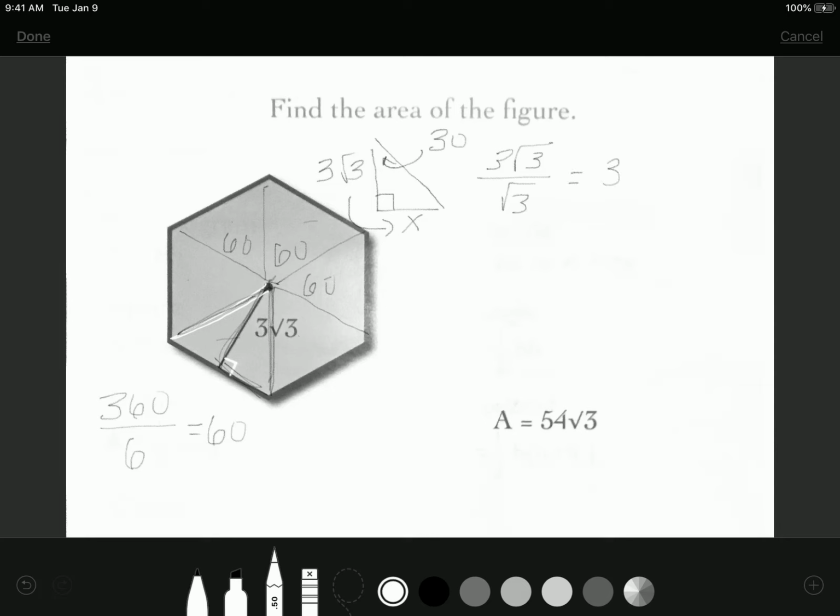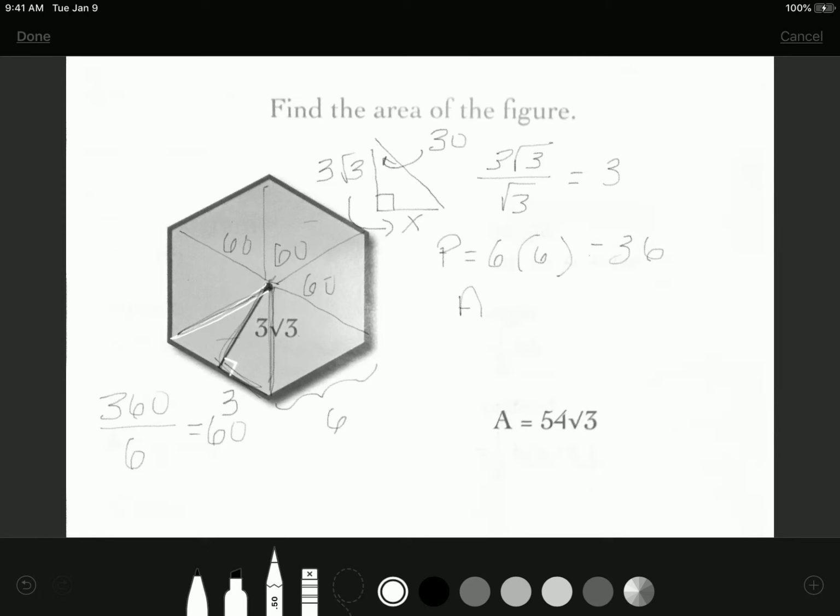Woohoo, we get 3. No radical involved. That's only half of one side. If that half is 3, then the whole thing is 6. We've got 6 sides that measure 6 units, so our perimeter is 6 times 6, which is 36.